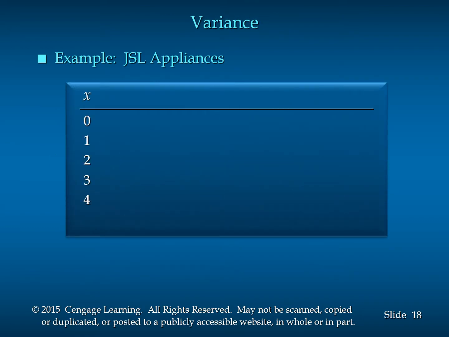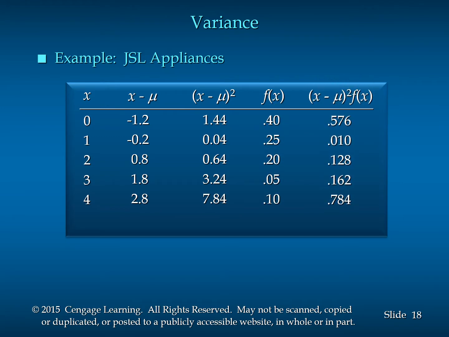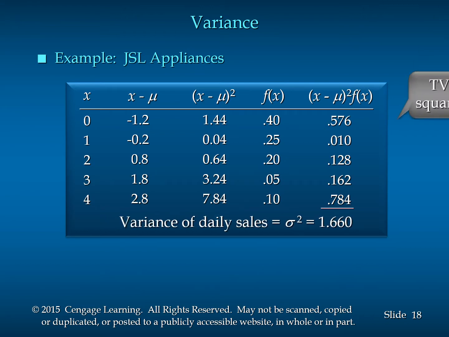Expanding the table, we can calculate the columns that arrive at the arguments for the variance formula. First, we have x minus the mean, and then we square that value, and then we multiply that squared value by the probability of each x. Summing that gives us the variance, and the square root of that gives us the standard deviation.